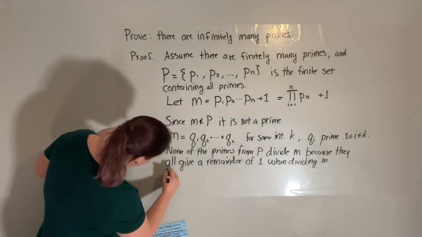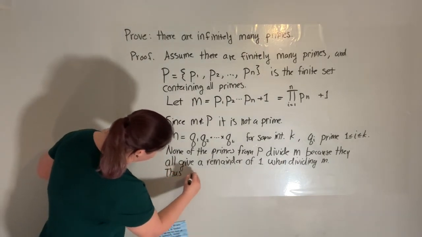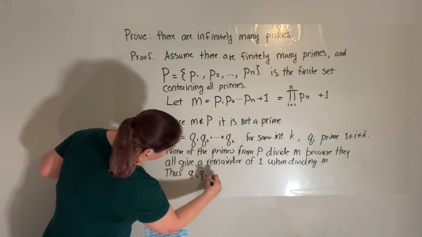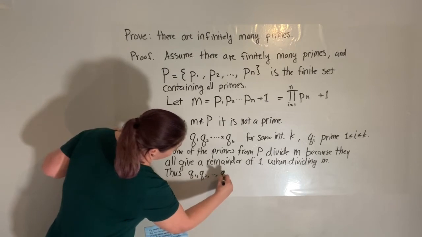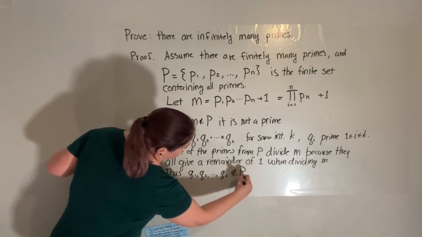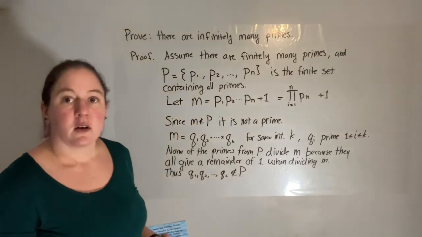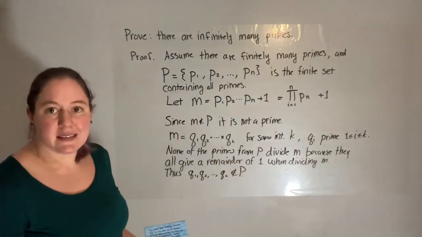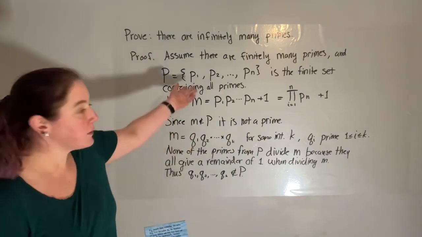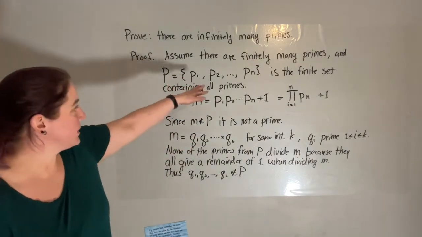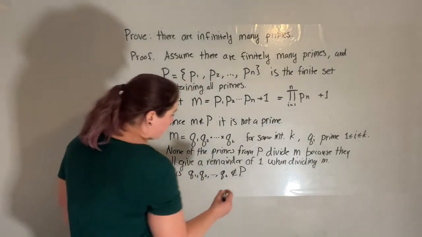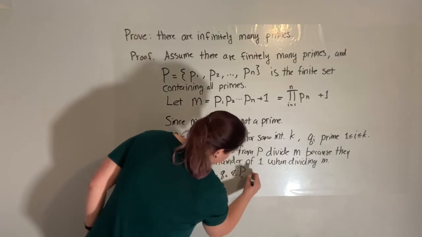So thus, q1, q2 all the way through qk are not in our set P. So what this means then is there are primes that are not in the set, but we had assumed that this set contained all of the primes.